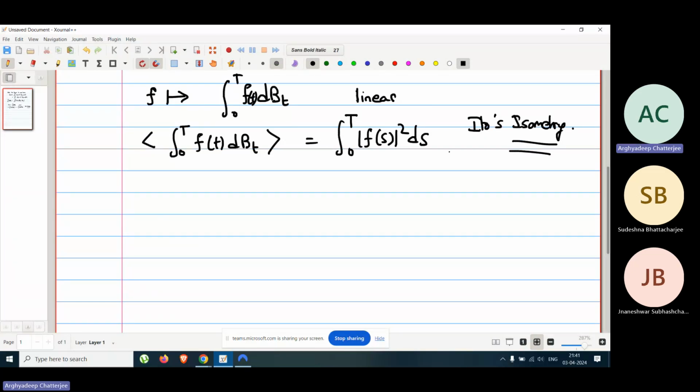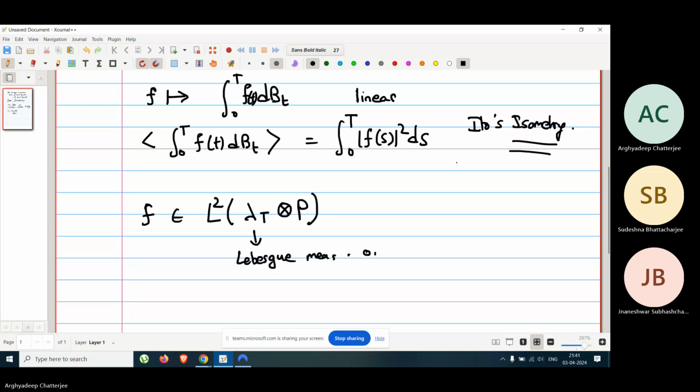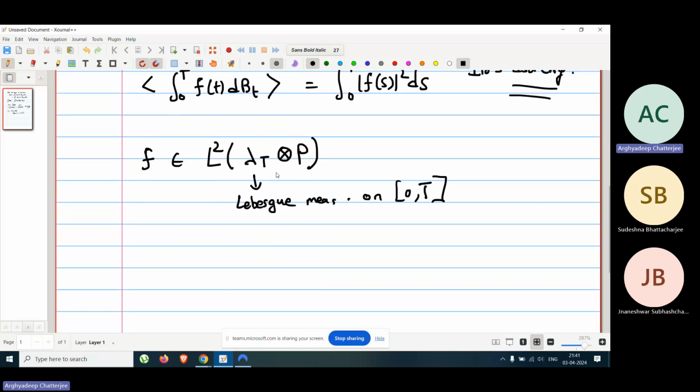So we saw some similar results. Now we would like to extend this map to functions which belong to the space L2 of lambda_T product with the probability measure, where lambda_T is just the Lebesgue measure on the interval 0 to T. Most of the things that I'll be saying will be valid for capital T equals infinity as well, with some small modifications.